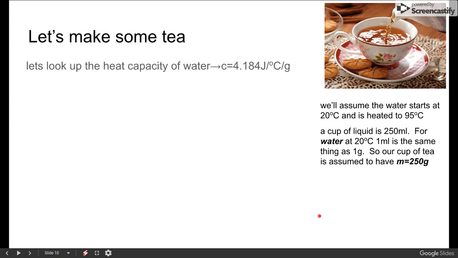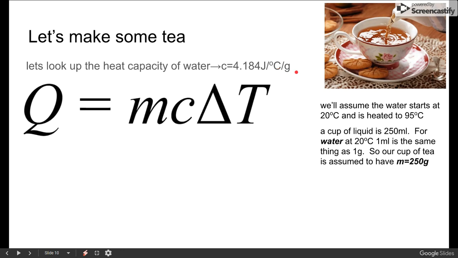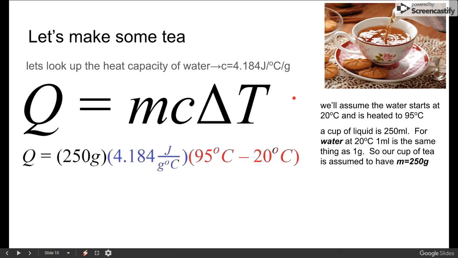We go search for the heat capacity of water, and we get 4.2 joules per degree per gram. Take our formula, plug in our numbers. There's the heat capacity of water, our mass, and our temperature change. Since we've looked this up per gram, we can leave that in grams. Be careful.